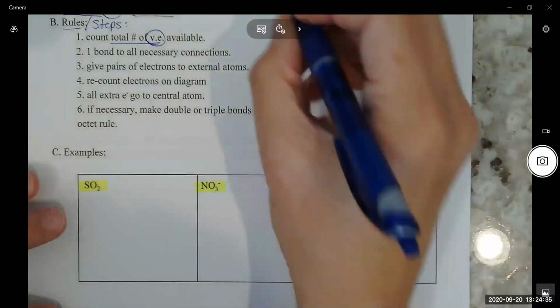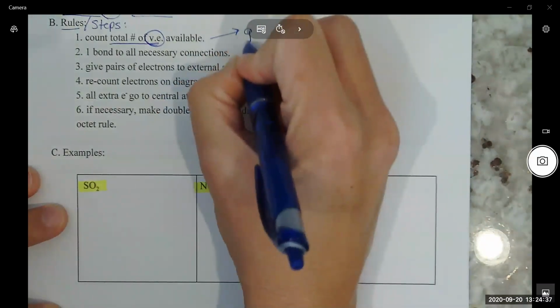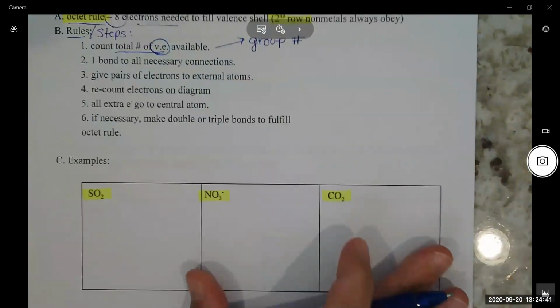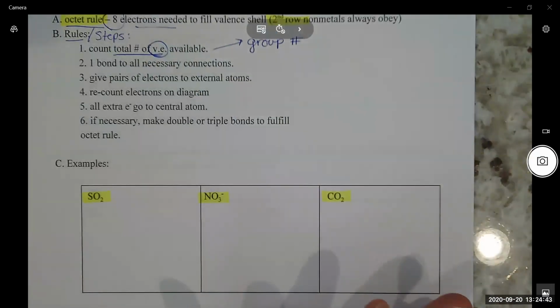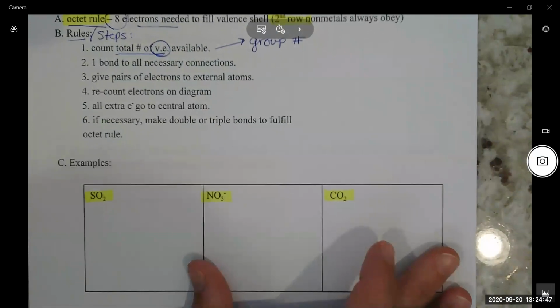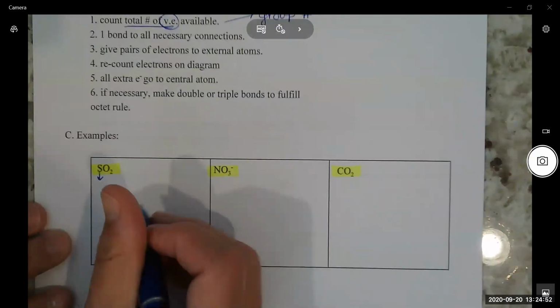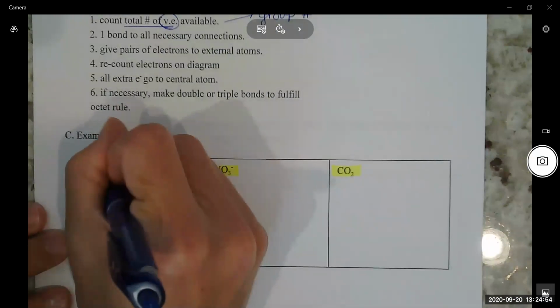So remember, group number is going to tell us how many valence electrons an element has. If it's in group 1A, it has 1 valence electron, 2A has 2 valence electrons, and so on. Sulfur is in group 6A, so it has 6 valence electrons.